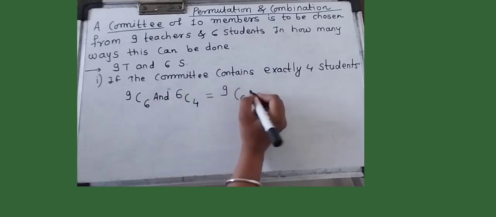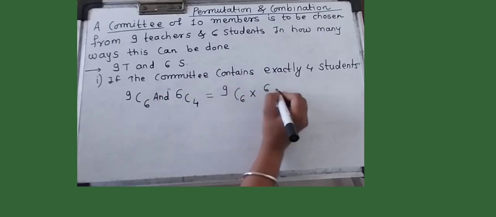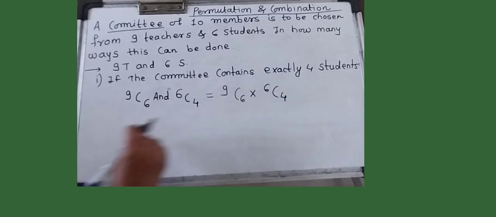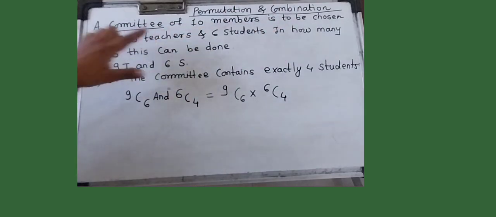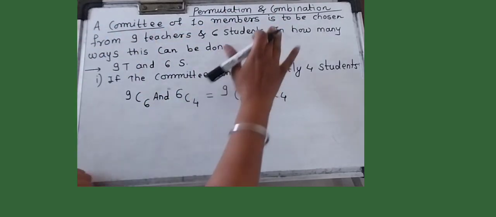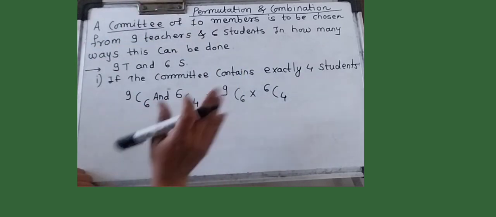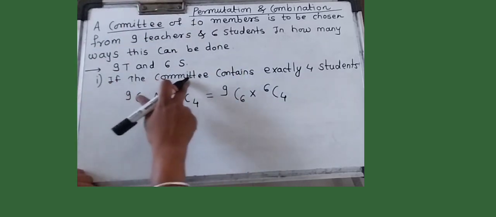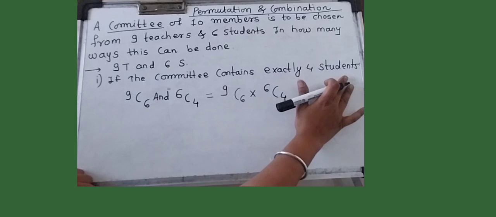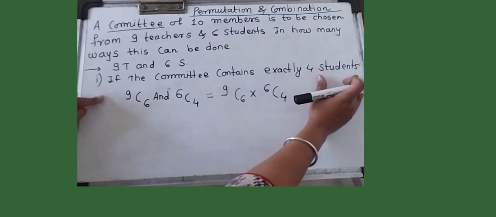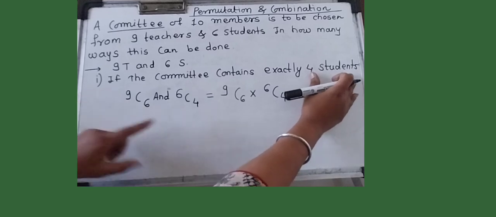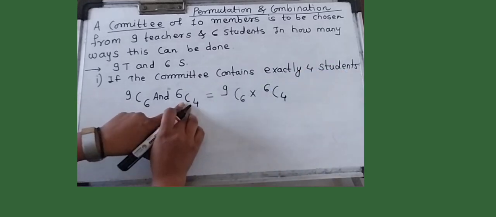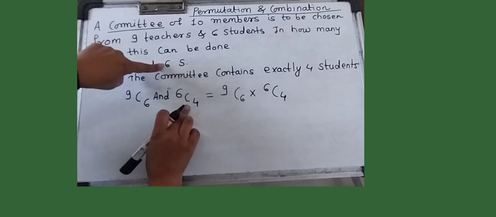And is there, so I use multiplication sign, 6C4. Again I repeat. Committee of 10 members is to be chosen from 9 teachers and 6 students. In how many ways this can be done? But the condition is what? If the committee contains exactly 4 students. They want exactly 4 students. 4 students chosen from available 6 students, that's why I write 6C4.